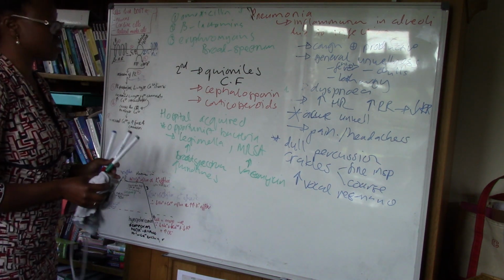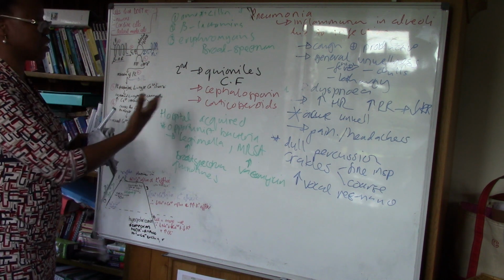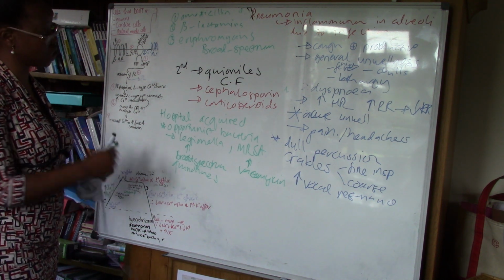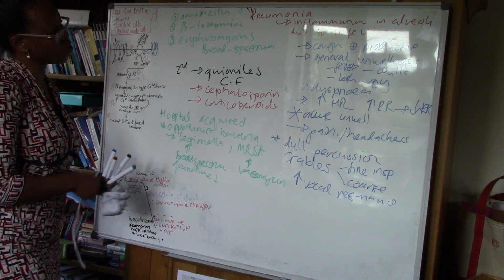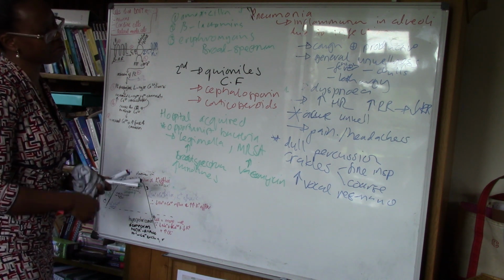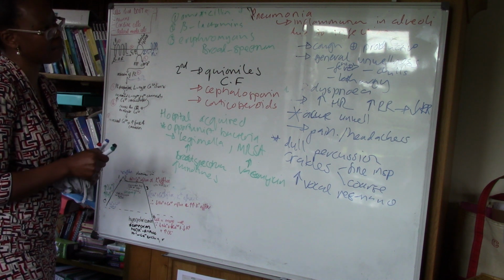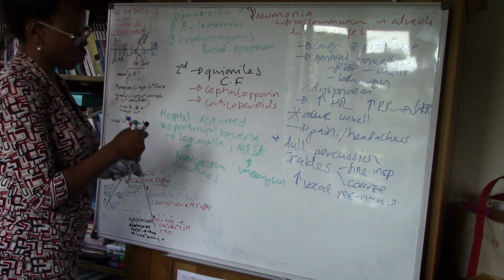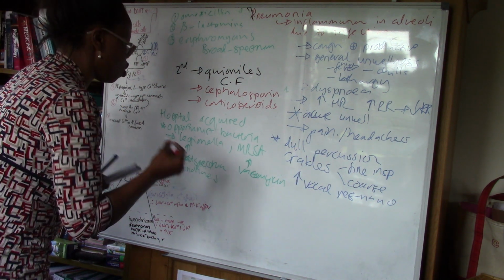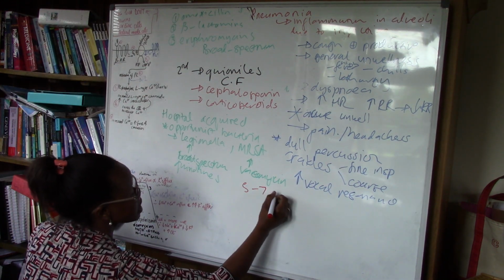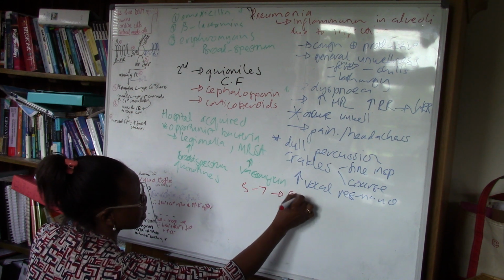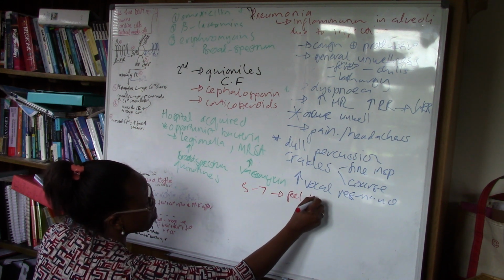And again, it's all about managing, reviewing, and making sure that people get better. So with pneumonia, usually people will recover. Particularly people who are treated at home will recover within a week. So within 5 to 7 days, they'll start to feel better and improve.